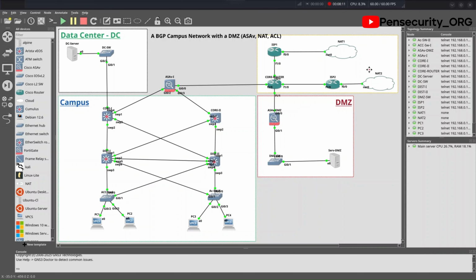When we look at this topology, we can see we have 2 NATs. This NAT connects to ISP1. Then we have this second NAT, it connects to ISP2. Both ISP1 and ISP2 are connected to the core router. The core router is the heart of the whole network. It handles the IP addresses from the ISP.